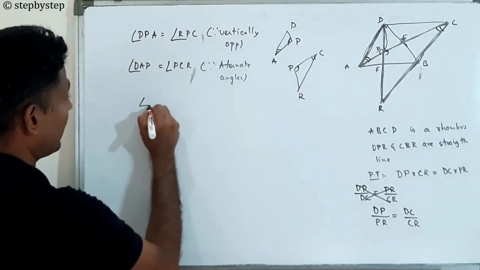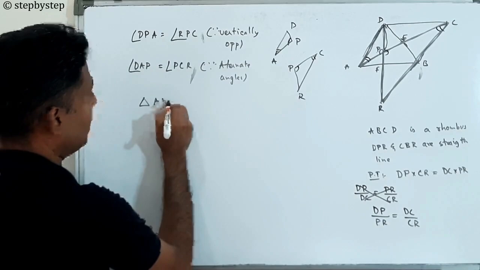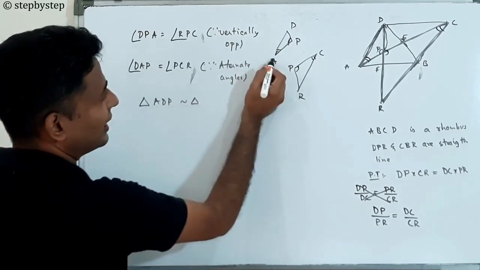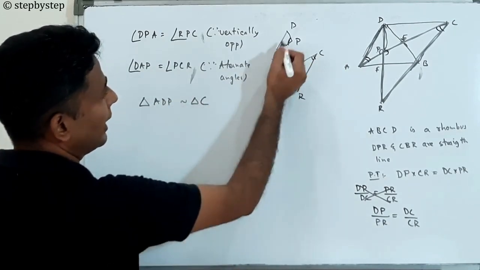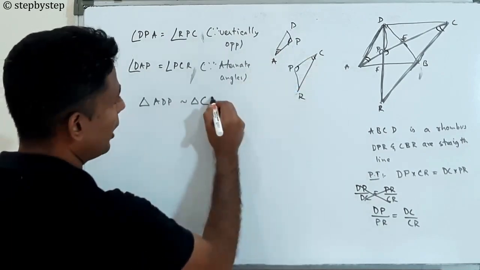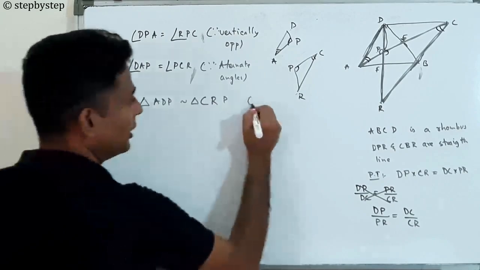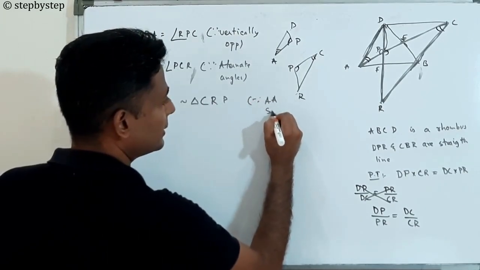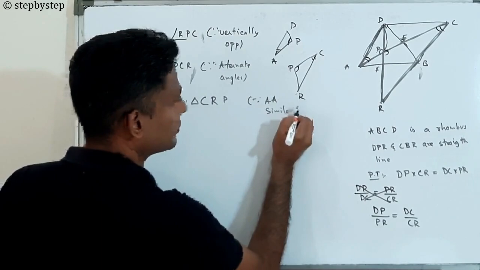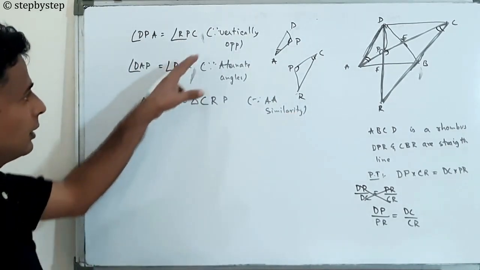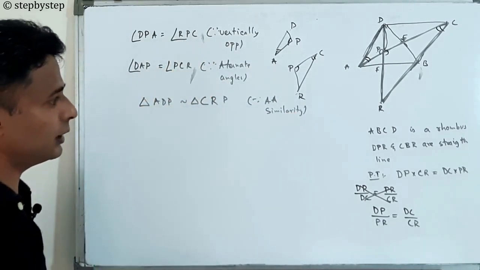So what do we get? Triangle ADP similar to, I started with A, I have to start with C. Then I went to D, next point, so here I have to go to R, and last is P, because of AA similarity, right? So we got these two things, and we got this equal to this.